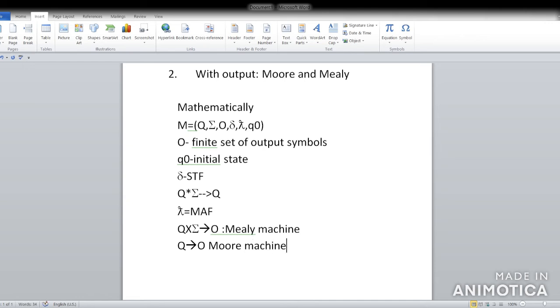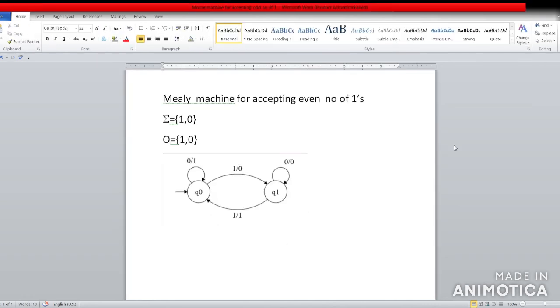Now we will see this thing with the help of transition graph. So this is an example of Mealy machine for accepting even number of ones. So input alphabet is 1 comma 0, output is 1 comma 0. So output is 1 when machine accepts even number of ones, and output is 0 when machine accepts odd number of ones, right? So this is a Mealy machine. As you can see, there is no final state here.